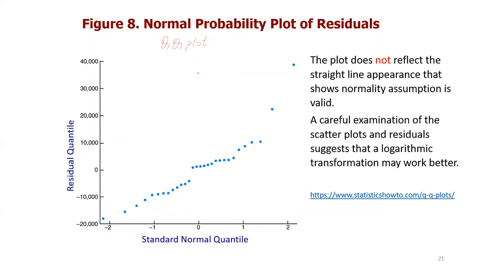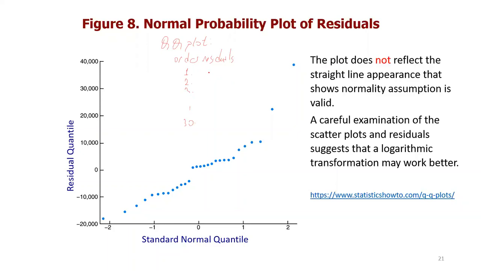Generally, what we do is we just order the residuals. For example, if we have 30 residuals, then just order them: the first one is the smallest, then the second smallest, and so on, up to the 30th one.